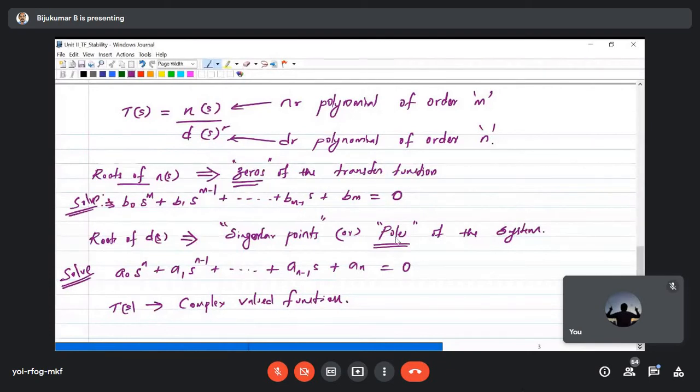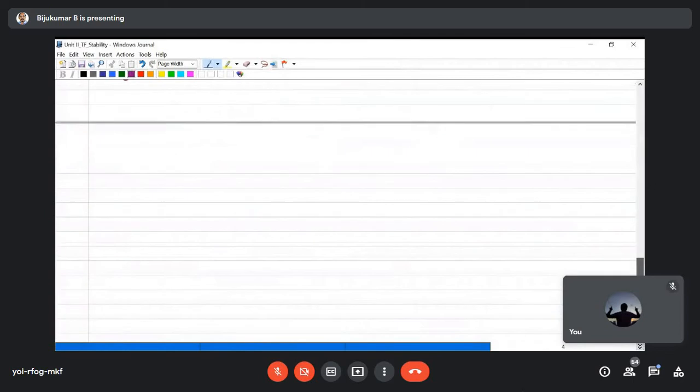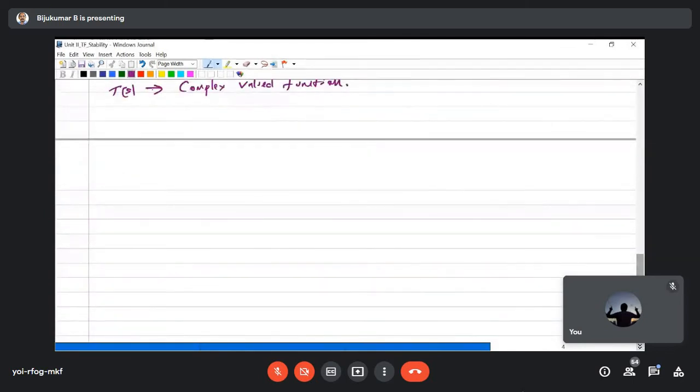Okay. Now, another important topic, BIBO stability. I have a system transfer function, and we have to see what we mean by stability.